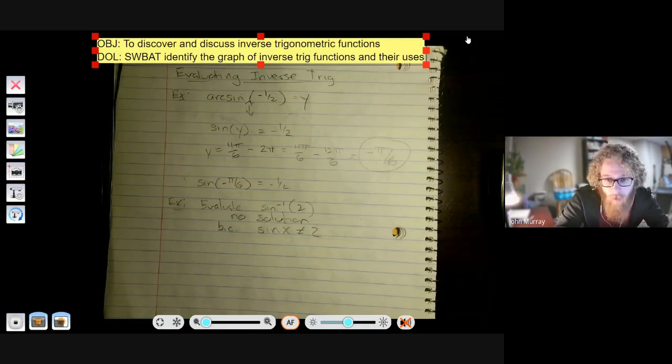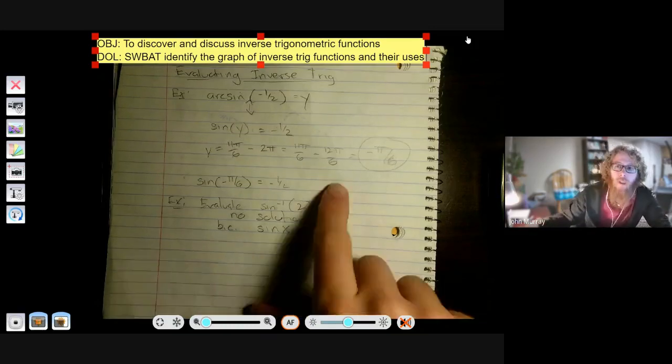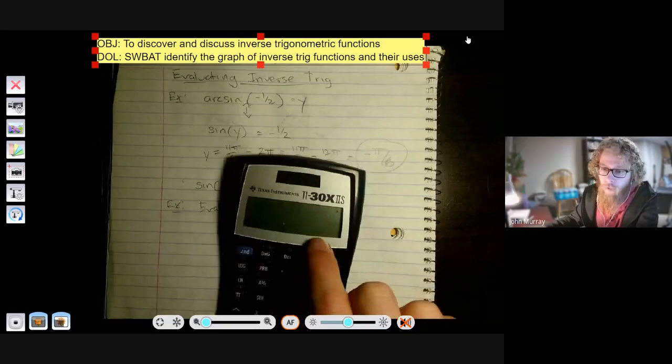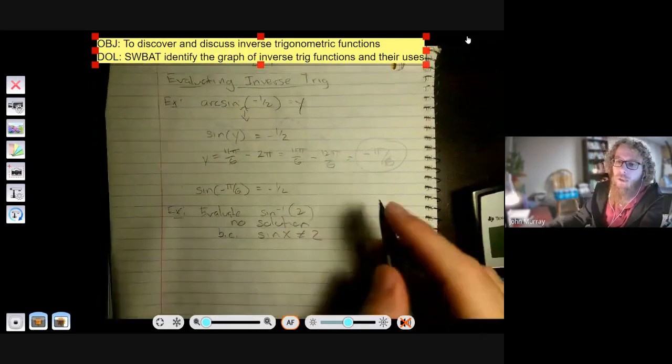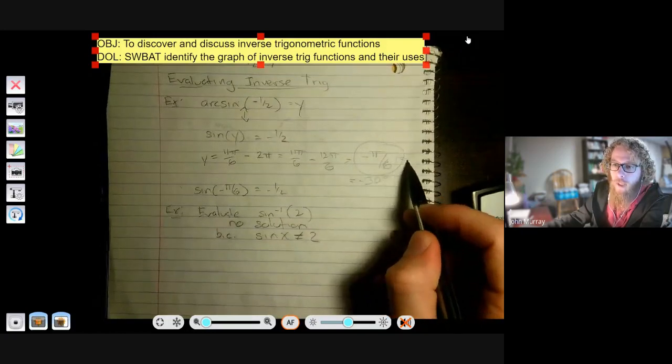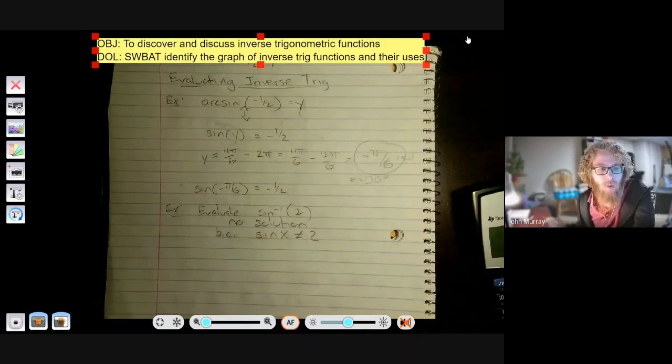I will be nice on you, and I will let you answer in degrees or radians. Most of the time we deal with radians, right? So for this, if you're in degree mode, this would get us -30 degrees, but because we're in radians, before, we had -π/6.